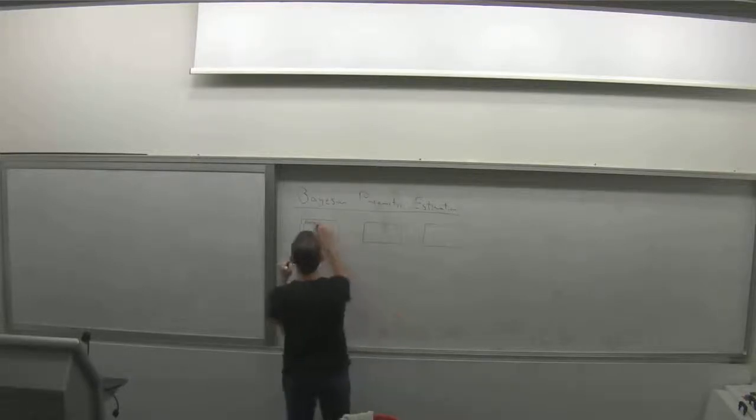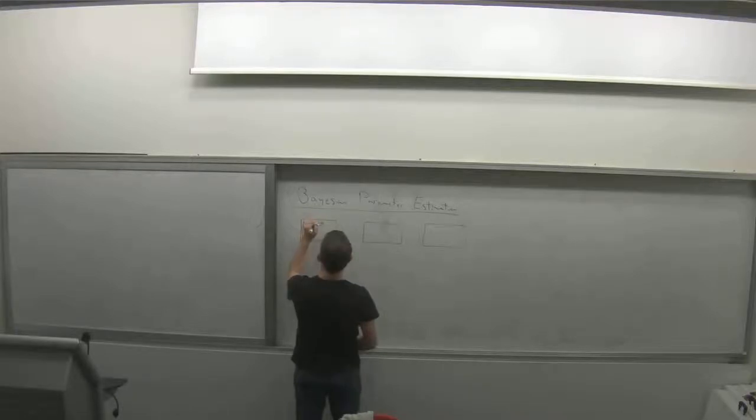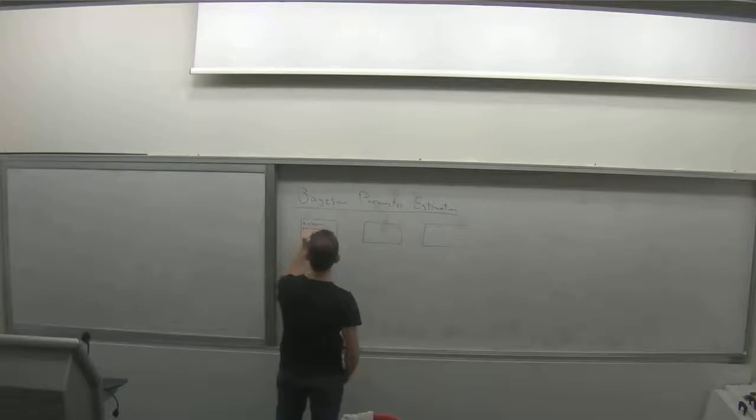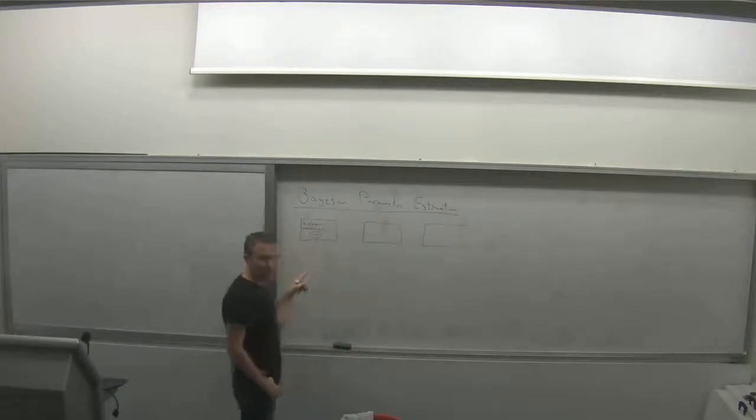So, unknown parameter, which, since we're in the Bayesian setting, is a random variable, so just to make that clear, I'll denote it by uppercase theta. Okay, so it's a random variable, and we treat it as such.